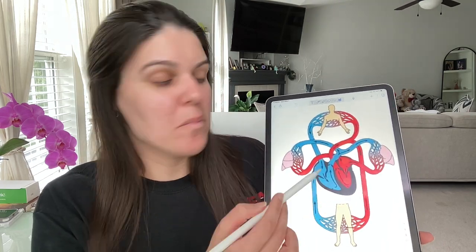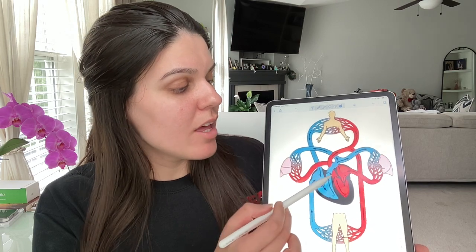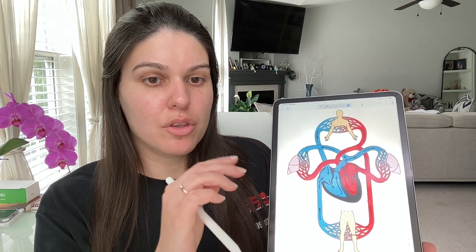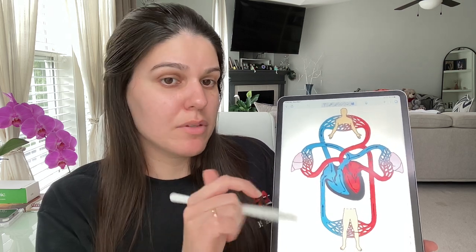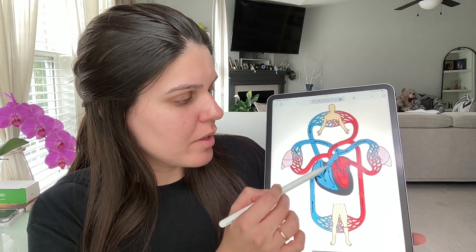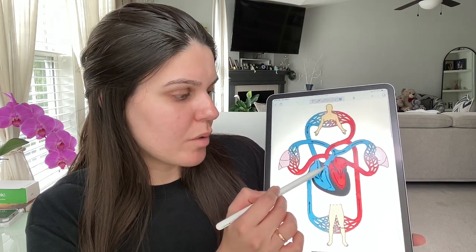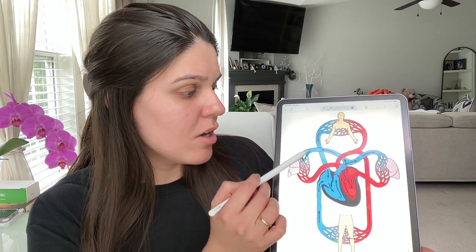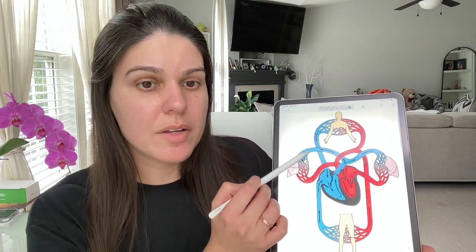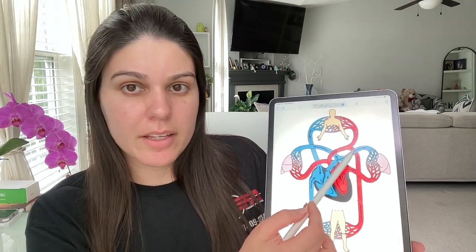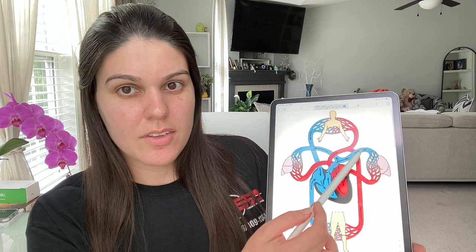It will go from the right ventricle into the lungs through the pulmonary semilunar valve, that is right here, and then it goes into the right pulmonary artery and the left pulmonary artery, like you see right here.